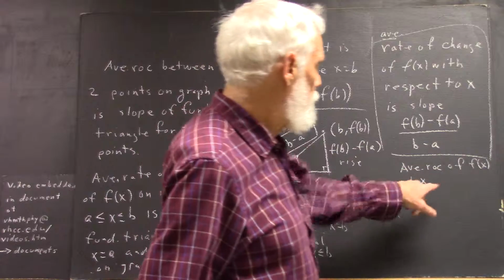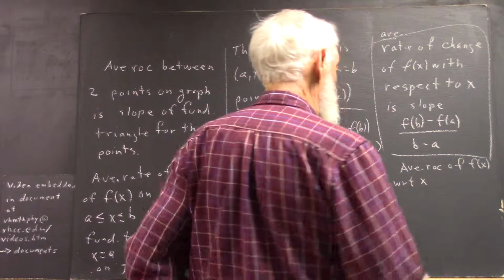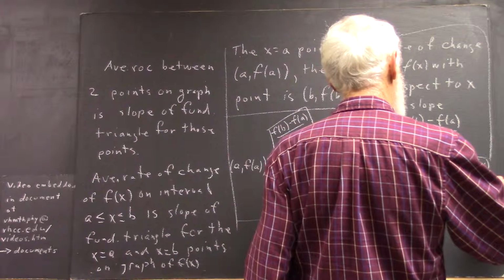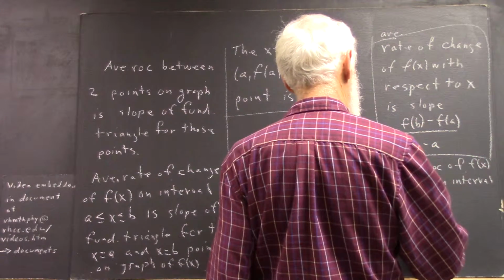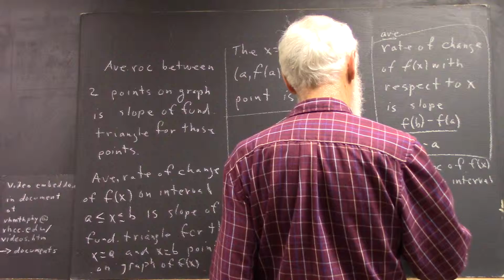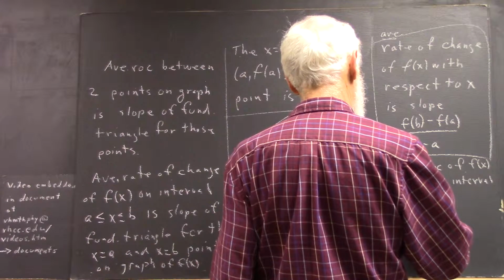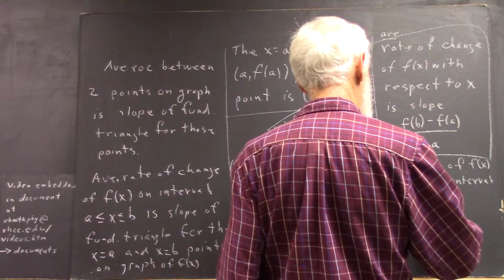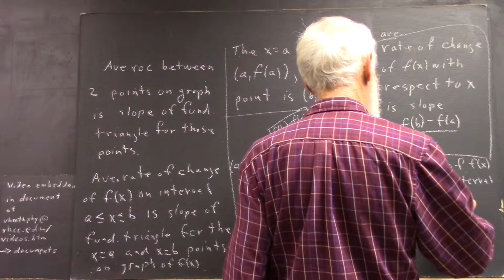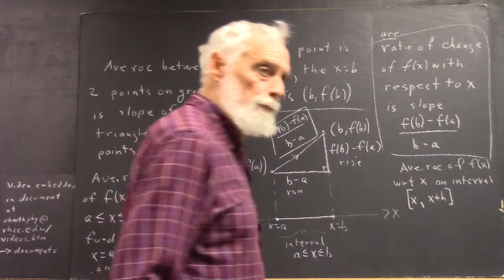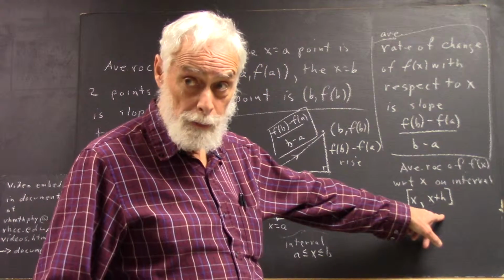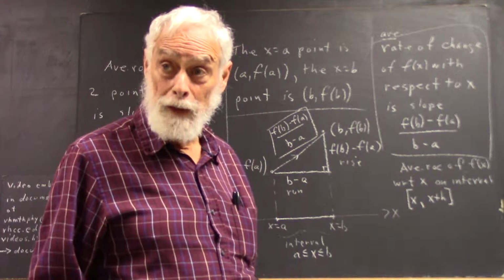Average rate of change of f of x with respect to x on the interval, and I'm going to write the interval this way. This is just another standard interval notation that you should be familiar with, but it's easy enough to understand.